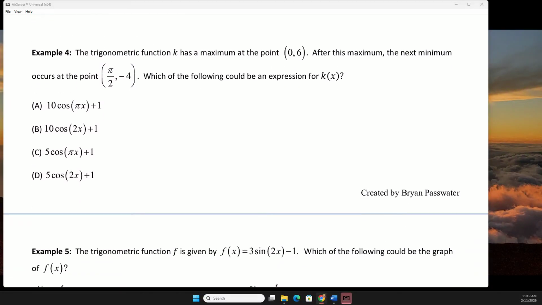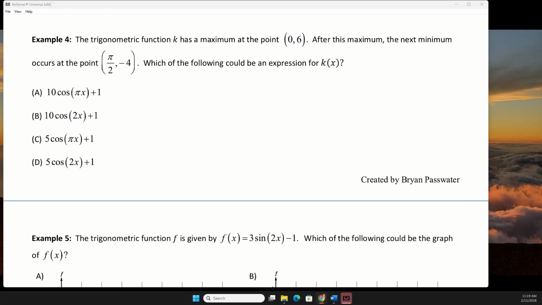Okay, and then example 4 is a lot like ones we did on the previous lesson, but they're taking it up a notch. So we still have to find the midline, the amplitude, and the period, but then we have to put them into the graph. So we have a function that will say this is 0, and then we can draw an axis.